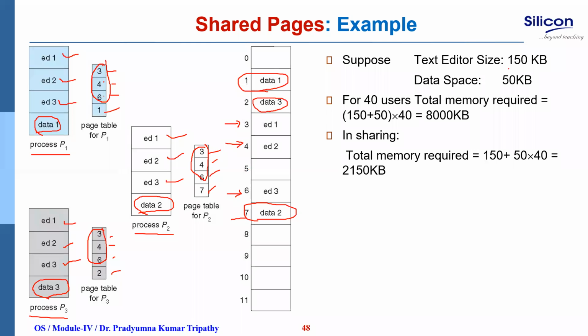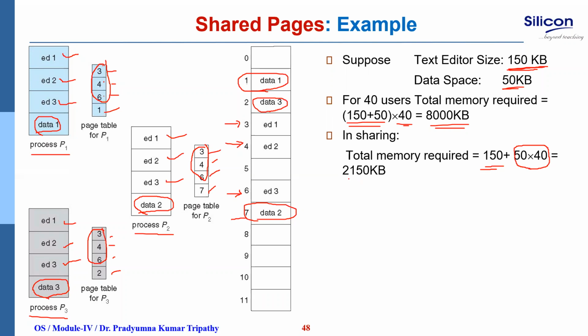Suppose the text editor is 150K and data space is 50K, so this is 200K, correct? If there are 40 users, it would have taken this amount of memory. But if you are going for sharing, 150K will be loaded only once, and for the 40 users, only 50 KB each will be different.